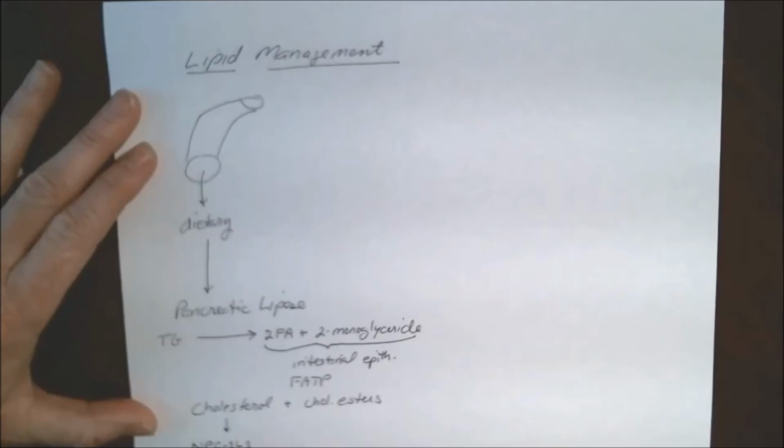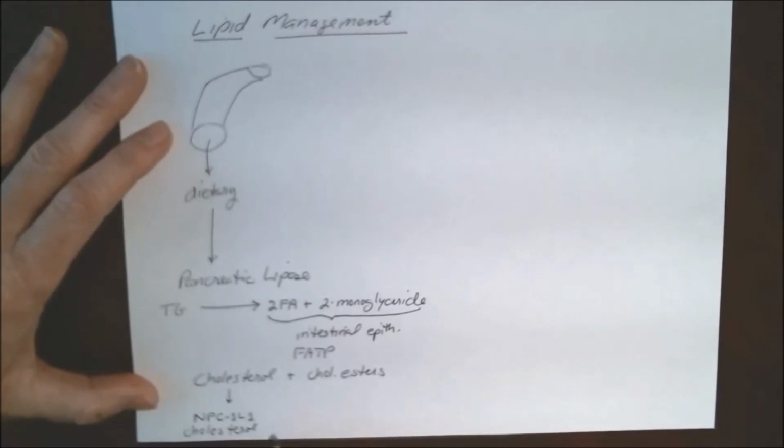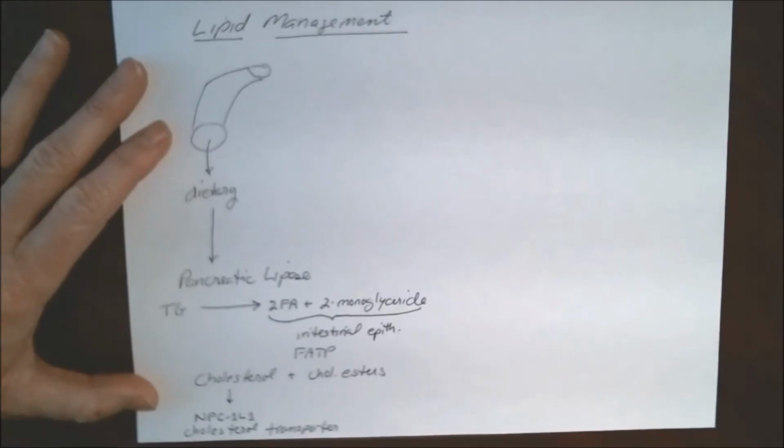This is a cholesterol transporter. And this is located on the apical surface of the intestinal epithelial cells, and it's involved in taking cholesterol up from the lumen and into cells.